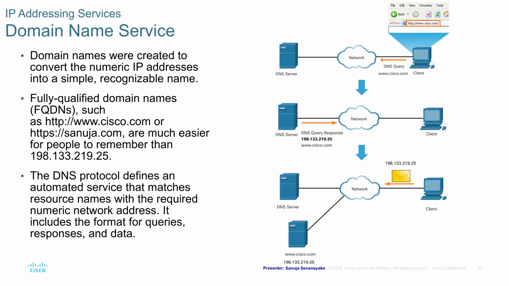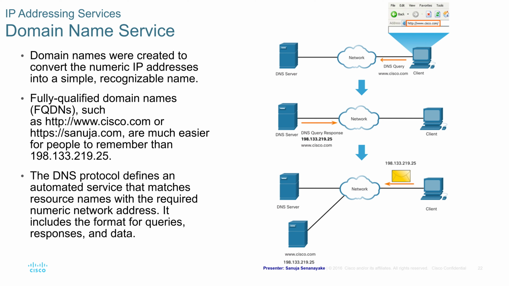So that's why the domain name services are important. Fully qualified domain names, also known as FQDNs, include things like Cisco.com or Sanuja.com. And they are much easier to remember for you and I, as opposed to remembering that IP address.